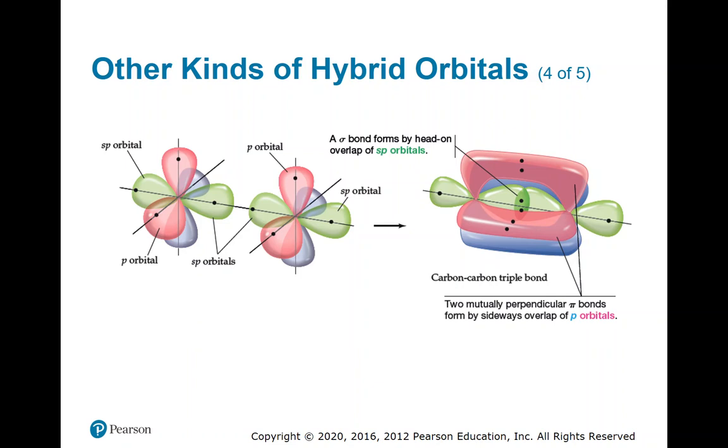Again, we can form one direct overlap between our sp orbitals, but we need to form 2 more bonds if we're going to have a triple bond. So just like we can form an indirect overlap between a p orbital on each carbon when we form a double bond, we can do that twice with a triple bond.